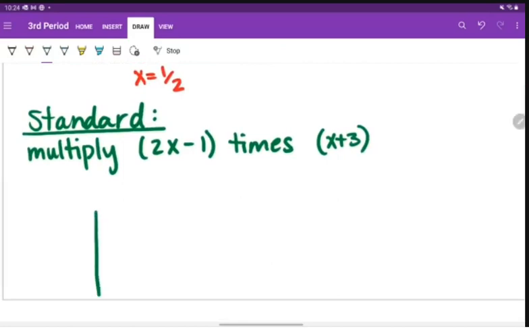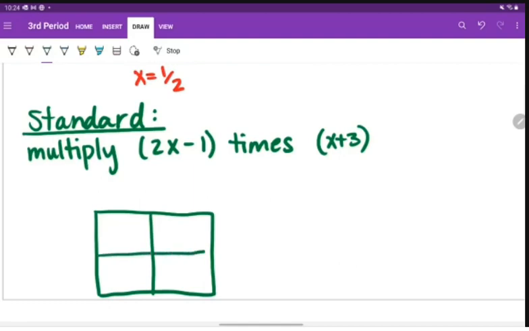And that's where our grid comes in, our 2 by 2 rectangle. Across the top, I'm going to put 2x minus 1, and down the side, I'm going to put x plus 3.